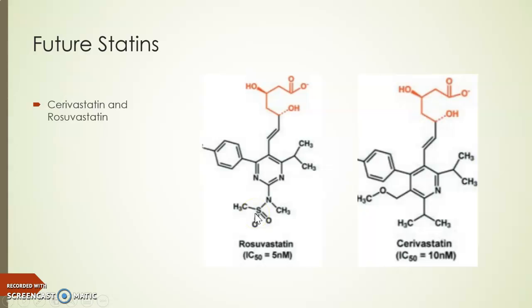Unique completely to rosuvastatin, though, it has an additional polar interaction between the sulfone group and the arginine 568 side chain. And so that improves the IC50 value from where it was around 7 to 10-ish for atorvastatin. It's now 5 for rosuvastatin. And so it has better binding. And so that is where we'll leave that.